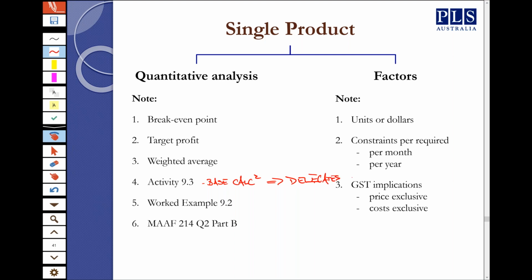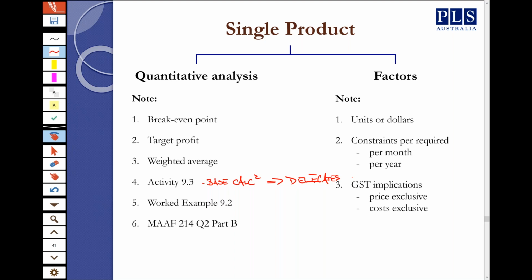So I would argue if I walk candidates into an exam with a cost volume profit, most would be expecting to be in a scenario of manufacturing. Note the activity shows you in a non-manufacturing environment. Worked example 9.2 in turn is a very detailed calculation question in this area. The last time we've really seen it was back in 2014. So even here, you're probably going back 4 to 5 years since you've seen a decent question.